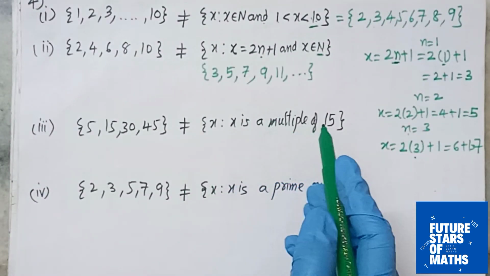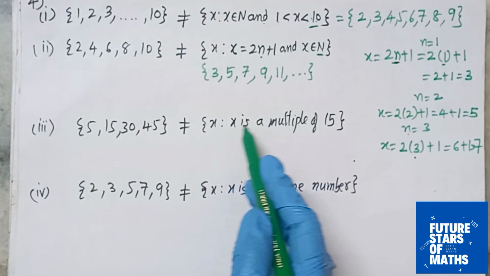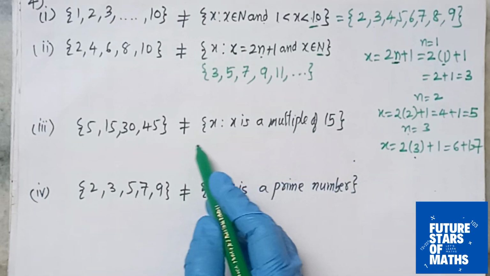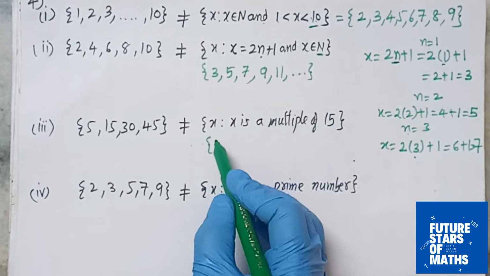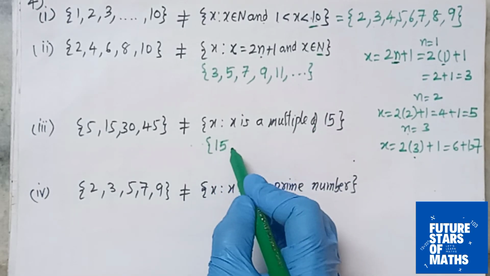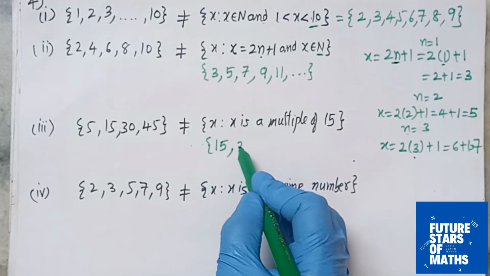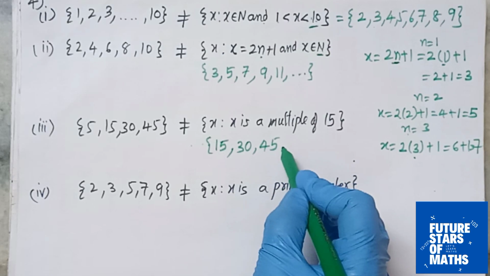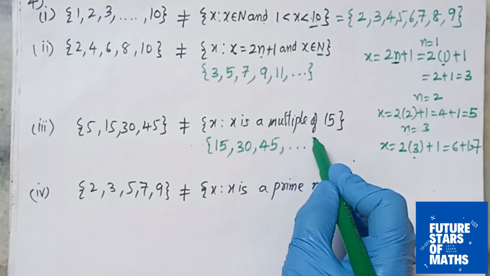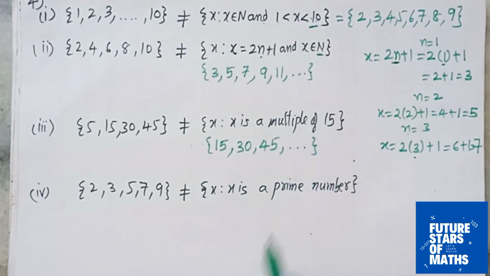Okay, so now we will move on to the next one. x is a multiple of 15. So what do we have to write here? The multiples of 15, that is the table of 15. 15 ones are 15, 15 twos are 30, 15 threes are 45 and so on. So this is also an infinite set. Here x is a prime number.